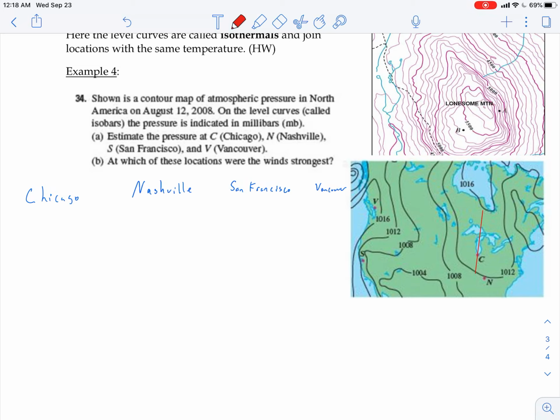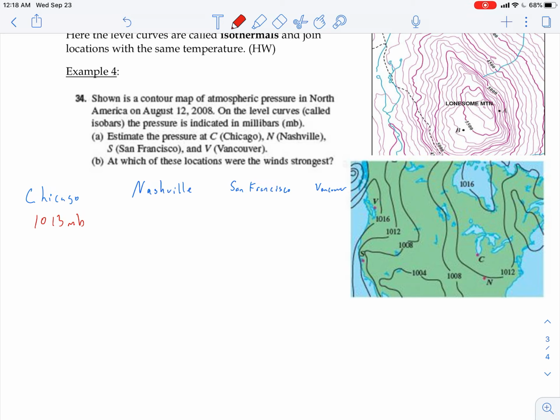A quarter of the way would be 1013 for Chicago. Again, this is just us estimating, so I'm not going to say 1013 is perfect, but that's what it looks like. So 1013 millibars.